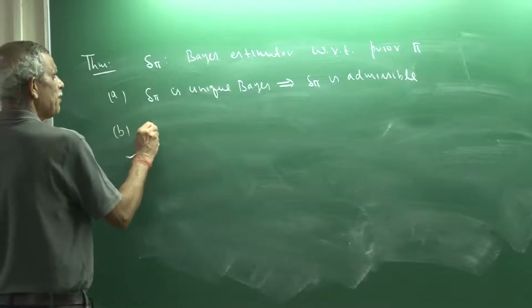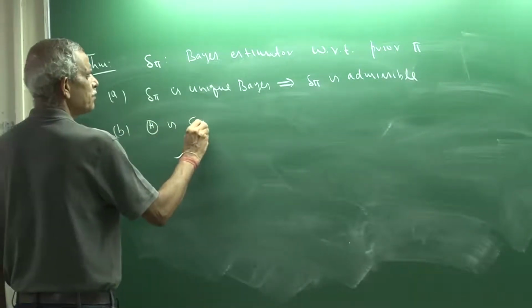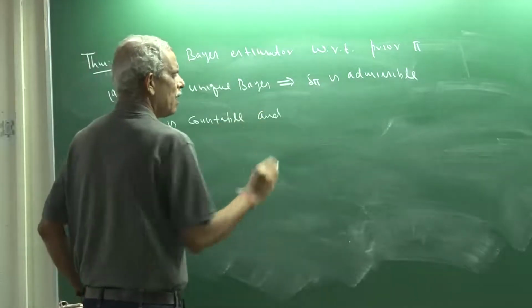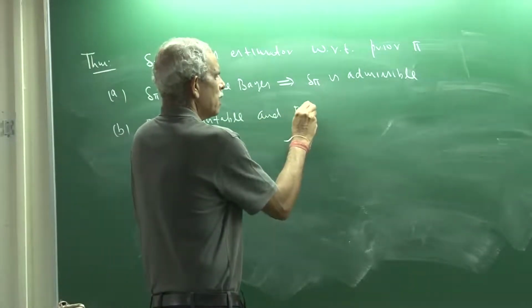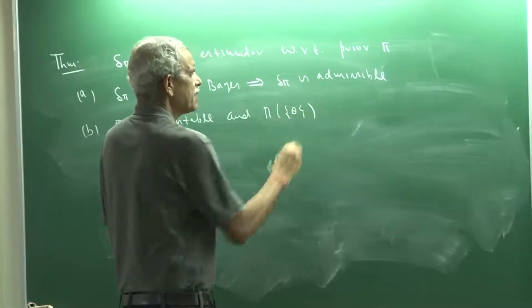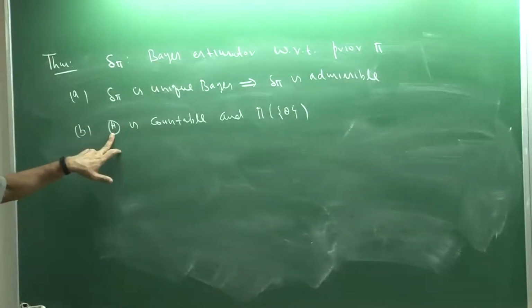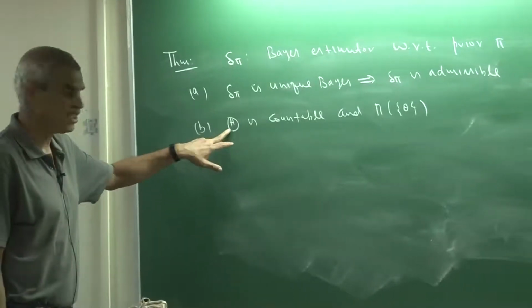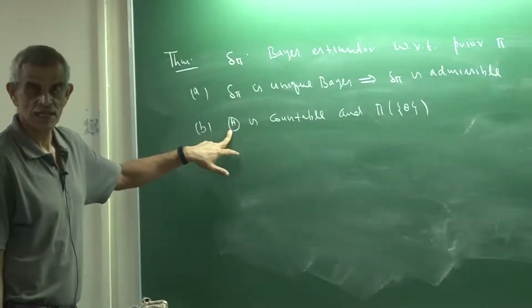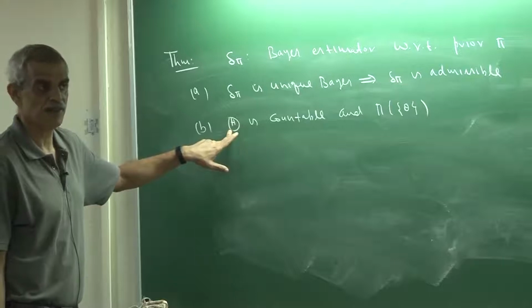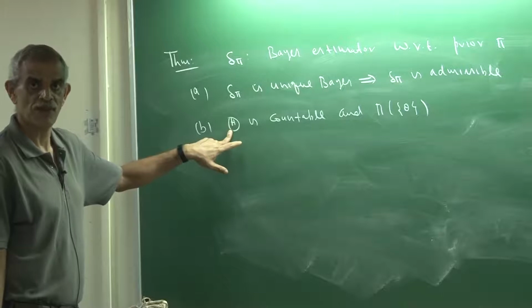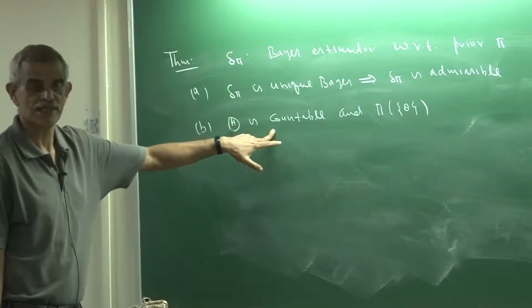Second thing is if my parameter space Theta is countable, and my prior is such that it gives positive weight to each of these theta. Note that a prior can be such that it gives weight 0 to some of the thetas, because the only condition I need for pi to be a prior distribution is that pi should be greater than or equal to 0, and the total sum should be 1, because theta is countable over here.